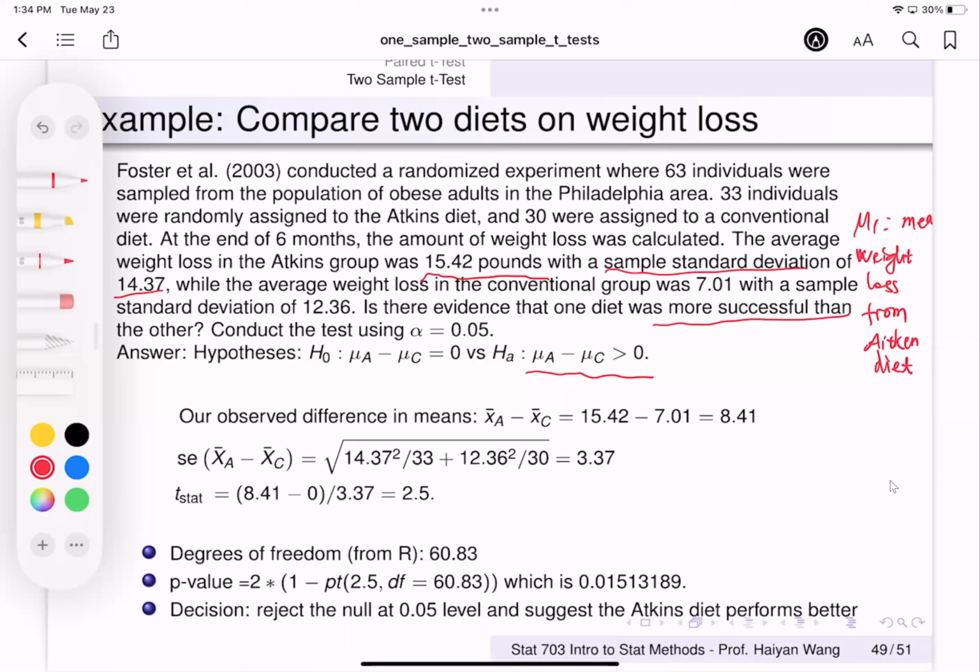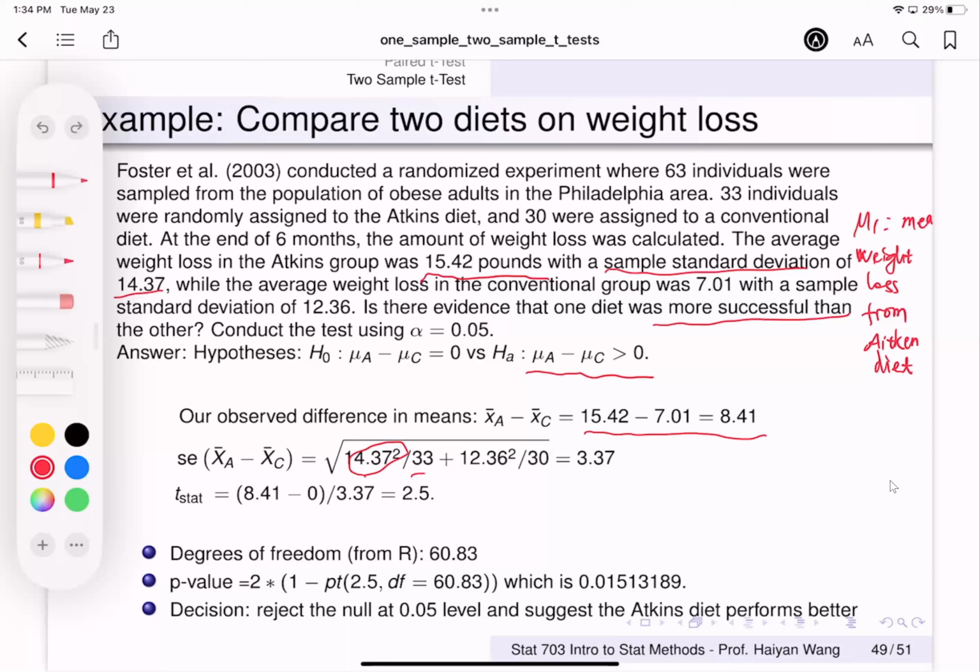Afterward, let's compute our test statistic. The sample average difference is given by these numbers. And then the standard error is the sample variance divided by the sample size, 14.37 squared, the sample variance. And similarly, here's the sample variance from the other sample divided by its sample size.